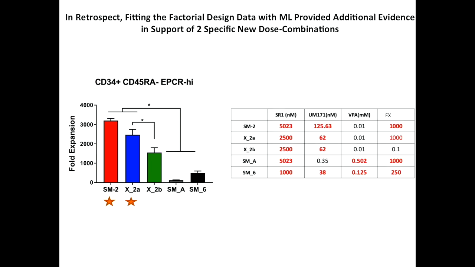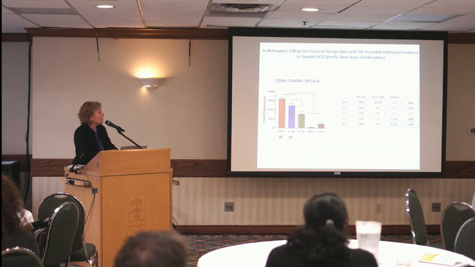But of course, we couldn't have high confidence with the quadratic model because the predictions in terms of expansions were overestimated. So the machine learning model actually zoomed in on the same two top combinations, and they are represented here. The scale is not log transformed, and those are the concentrations.